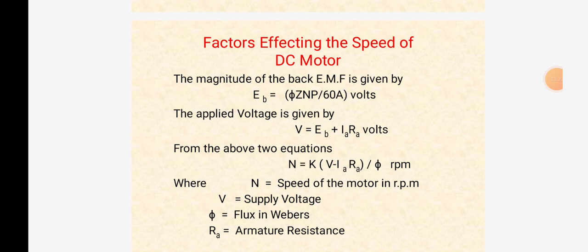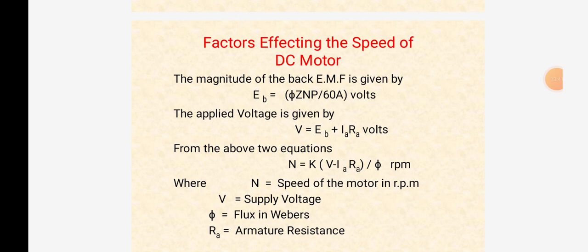In this back EMF, the magnitude of back EMF is given by Eb = φZNP/60A volts.